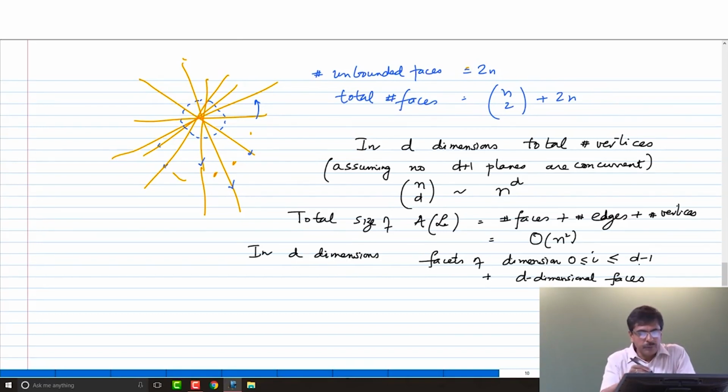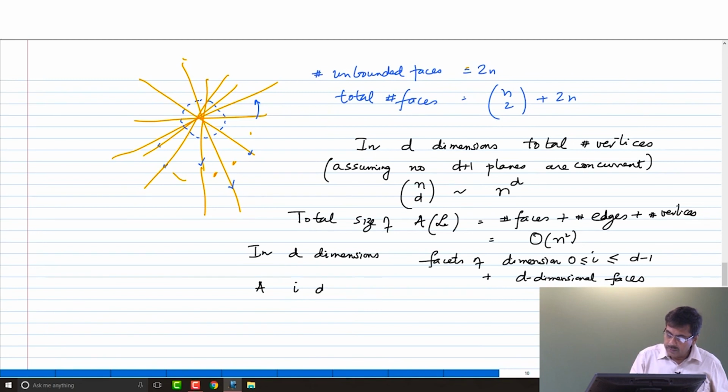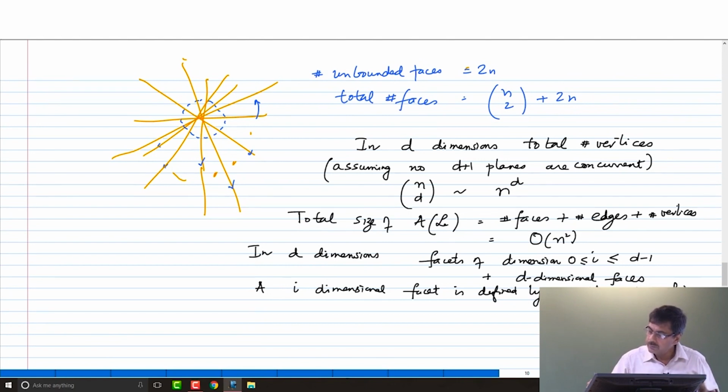Actually, from this assumption about simplicity, you can figure out that an i dimensional facet is defined by exactly d minus i hyperplanes.